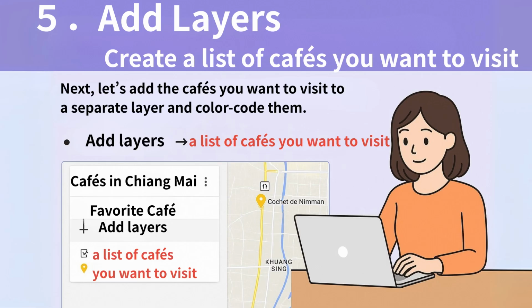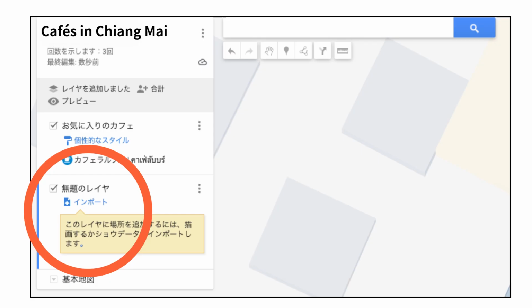Next, let's add the cafes you want to visit to a separate layer and color code them. Click Add Layer and name it Cafes to Visit. When you add a new layer, it first appears as Untitled Layer. Since that name isn't very clear, click the layer name and change it to something that matches your purpose.